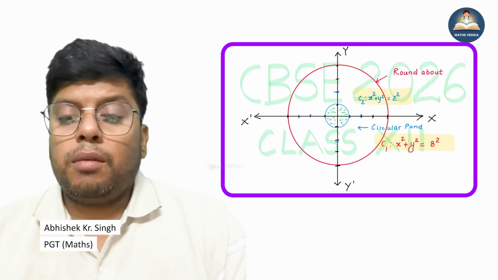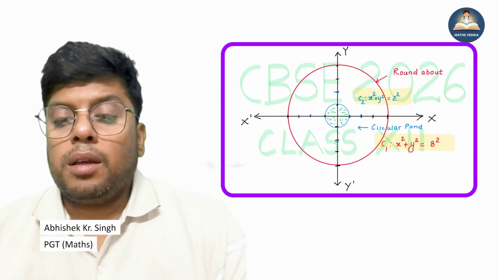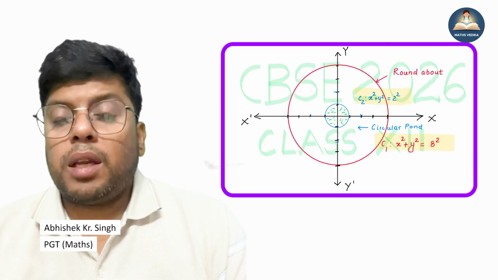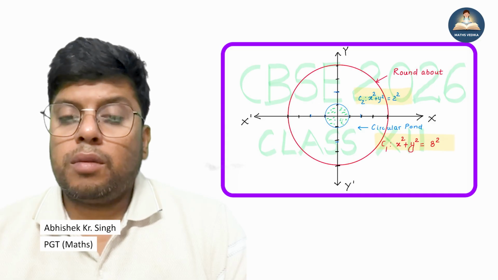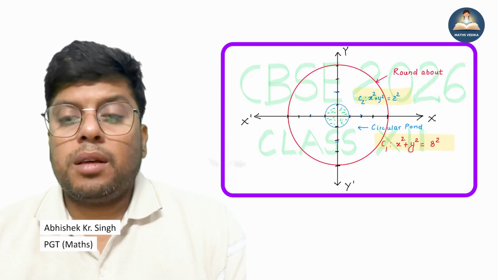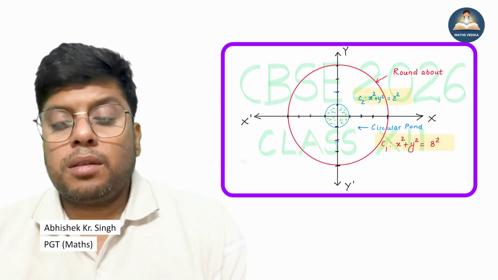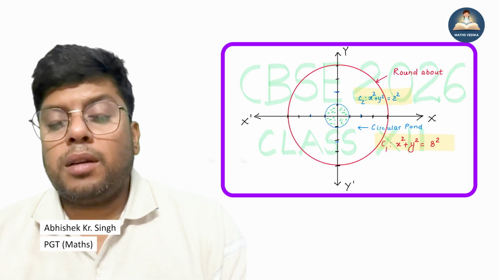So today we'll be solving questions that appeared in the CBSE examination 2026 class 12. This question is from a case study and it consists of questions of 4 marks each.